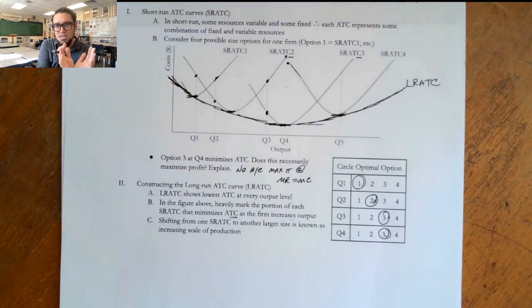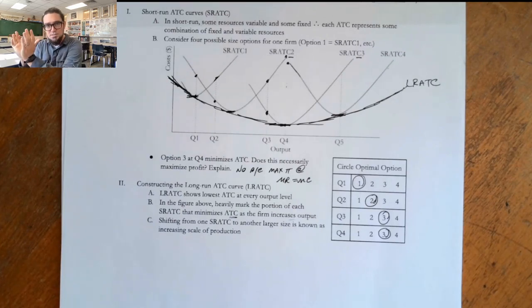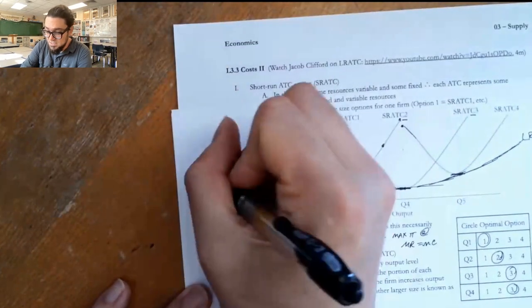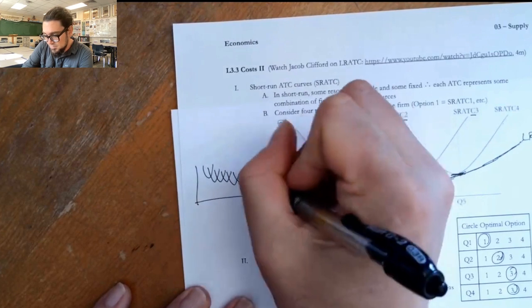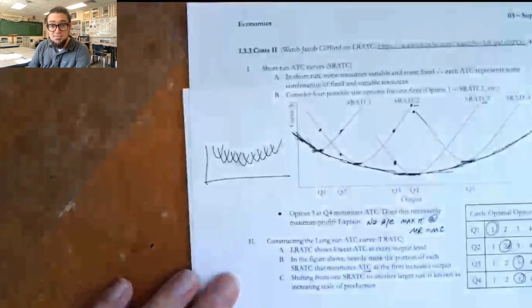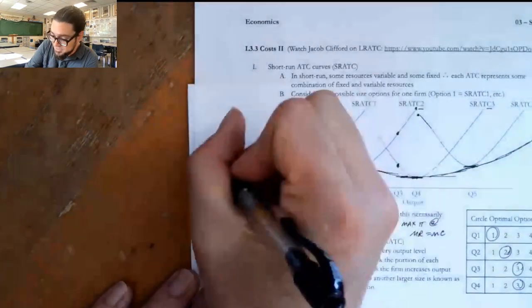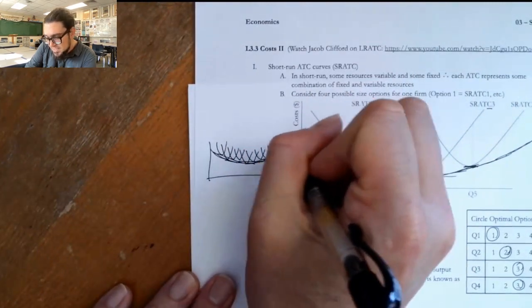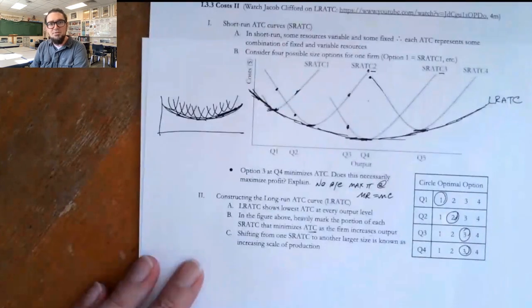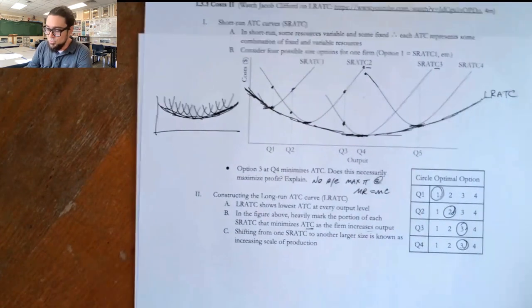Obviously at a very minimal level, of like one machine, you get a new SRATC, another machine, another SRATC. Sometimes you'll see pictures drawn of this. It'll give you a zillion of them, because really there's an infinite number of these possible SRATCs. And what the LRATC seeks to do is show what that looks like without having all those little short run SRATCs on there.